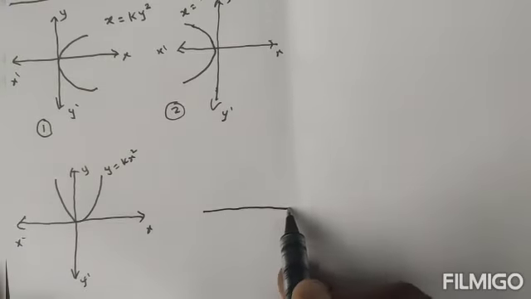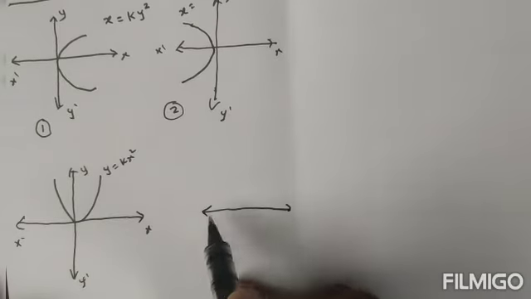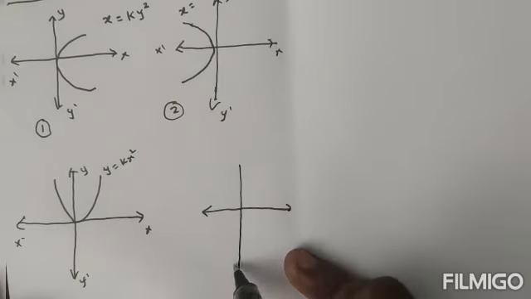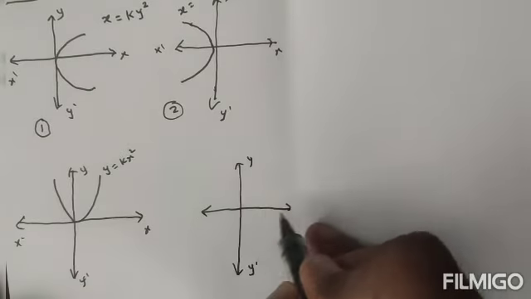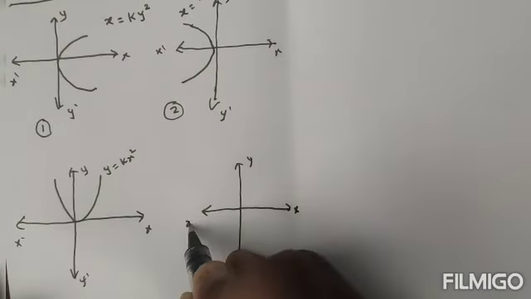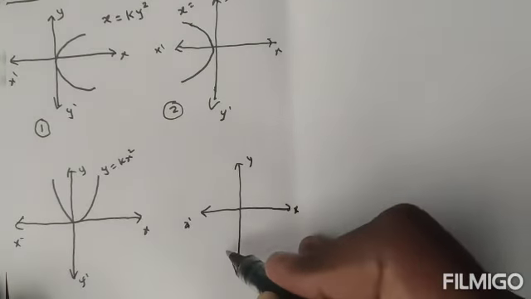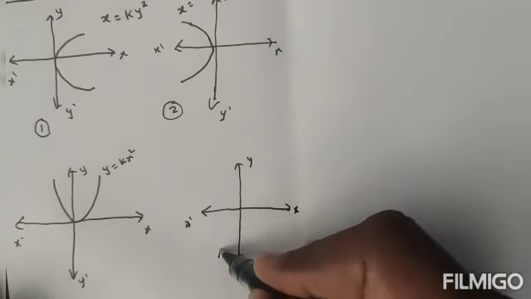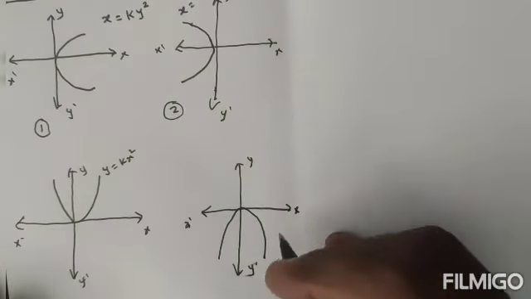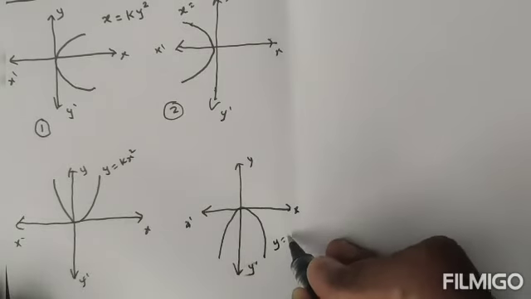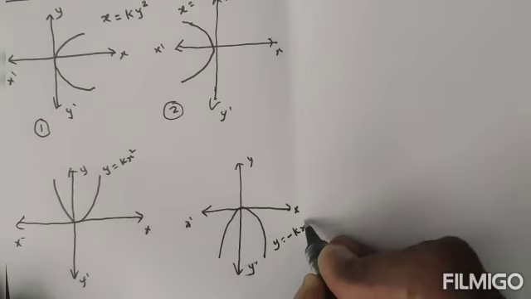For negative y-axis, here y dash, y, x dash. So negative y-axis, this equation we can write as y is equal to minus kx square.